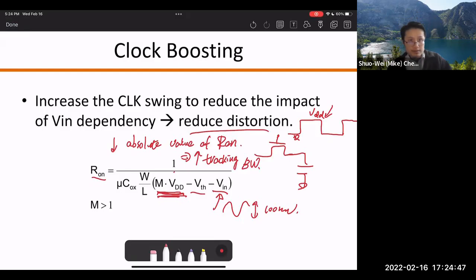In reality, even though we say we should increase the clock swing, the question is, can we increase it too much? Can we increase this to 100 volts, for example? Probably not. Even though higher is better, if you make it too high, you may actually break the device. So typically the outer bound is limited to twice VDD, because we do not want to break down the device.